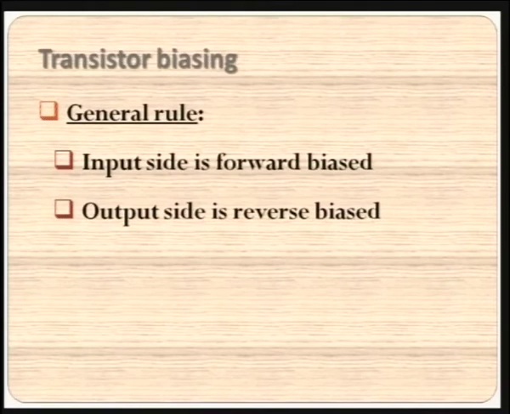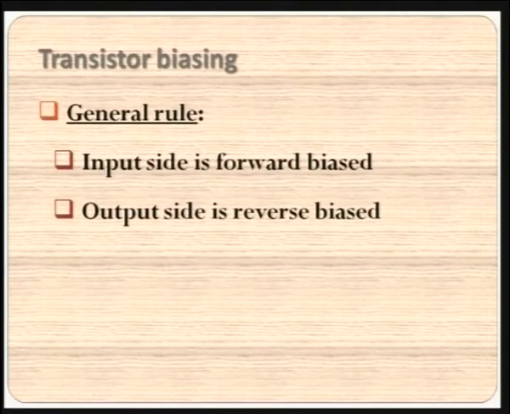Having this in mind, we can easily keep the rule in mind. Input side is to be forward biased and output side is to be reverse biased. Whatever be the configuration, whatever be the type of transistor, this general rule will always be very helpful. So let us have a look at the rule and then go ahead with the application of this rule for the common base configuration.